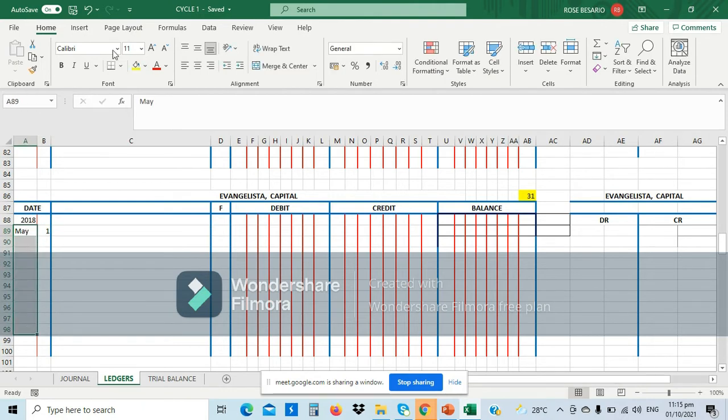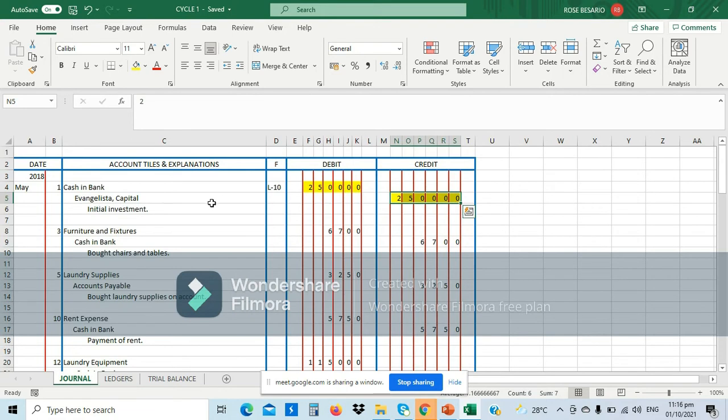There is no need for an explanation because for capital, if you are going to post here, it's always either initial investment or additional investment. So no need for any explanation. Since in the journal, this is a credit entry.